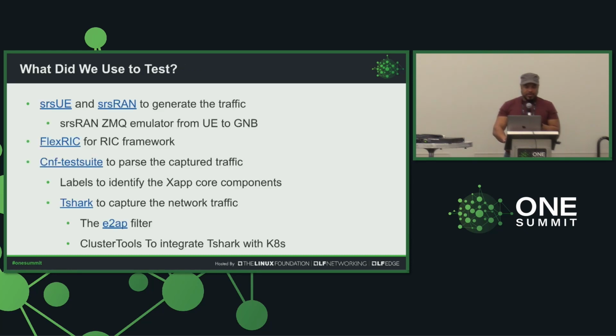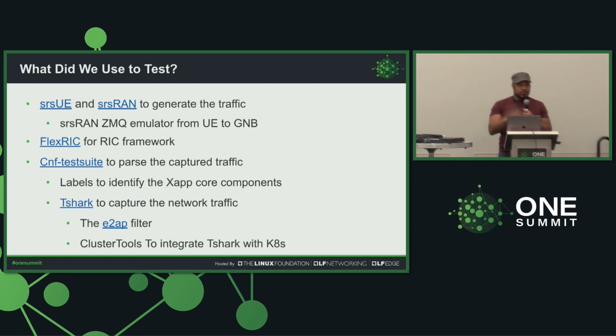Very interesting. So now, what tools did we use to test? We used srsUE and srsRAN, and srsRAN has this cool thing that uses ZeroMQ to generate traffic from the UE to the RU.